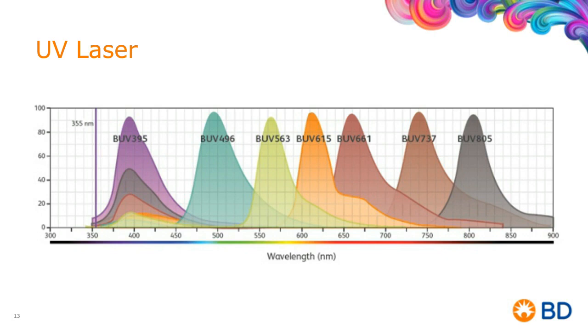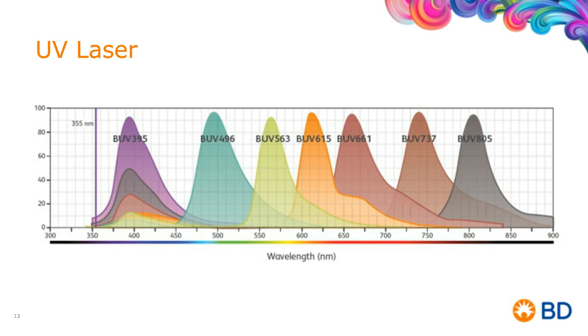So although you see some spill with the spectral viewer as we see here, when we go back to the real data, as we saw in slides 15, 16 and 17, the real data shows where that spread is and the spillover to other channels.